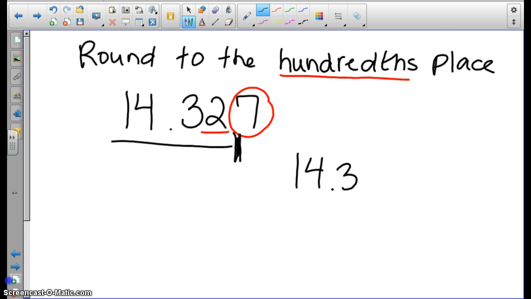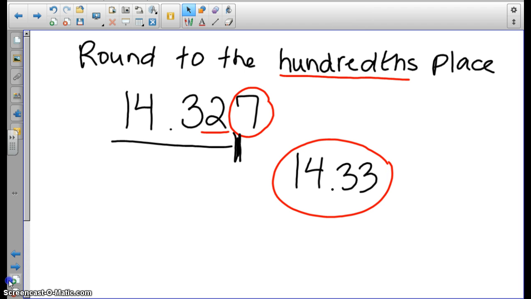Well, we just determined that 7 was larger than 5, and that means we need to round up. So 2 rounded up will be 3. Your answer, round 14 and 327 thousandths to the nearest hundredths place, would be 14 and 33 hundredths.